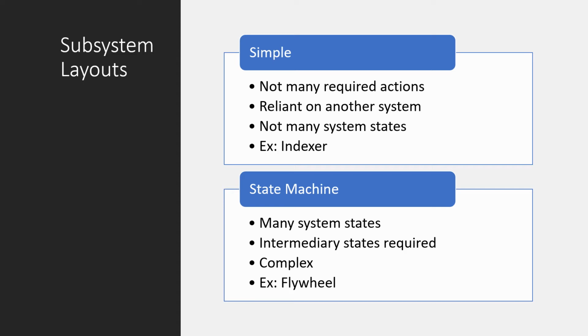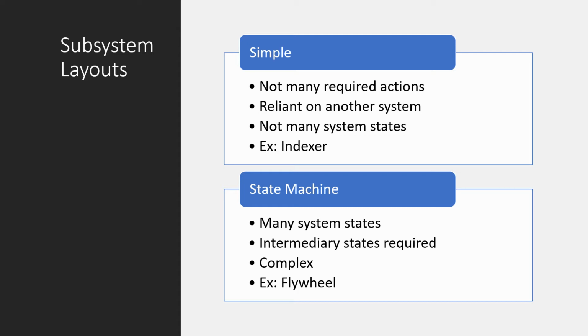Now, if we have more complex devices, we would actually have a state machine. This is where a device has many system states or positions, or intermediary states required. When I say intermediary states, this is like a flywheel where the driver says, oh, I want to shoot.